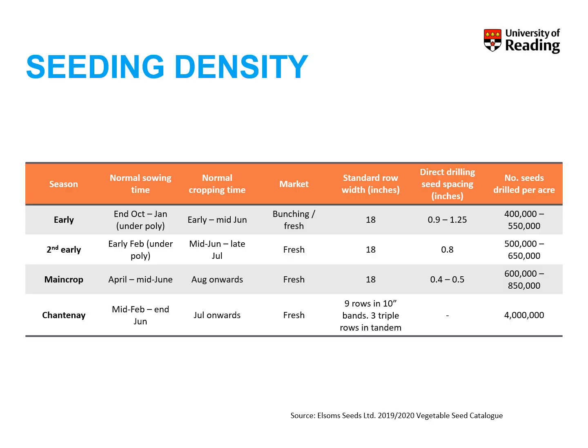So you can essentially get more roots out of the land because they don't need to be in the field as long. The seeding rate of a Chantenay type can be as high as 4 million seeds per acre.